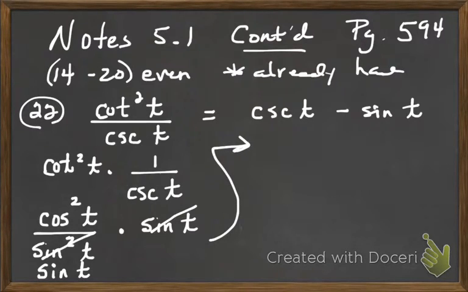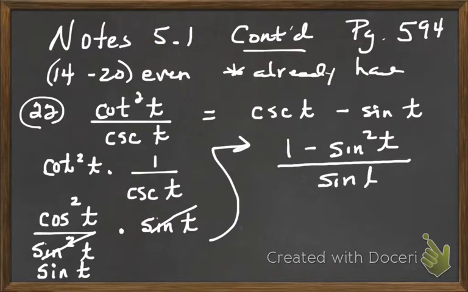Cosine squared, I can use my Pythagorean identity, sine squared plus cosine squared equals 1. And if I solve that, cosine squared is going to be equal to 1 minus sine squared. So I used one of my Pythagorean identities there, and I'm still over sine. So I've got the minus in there.